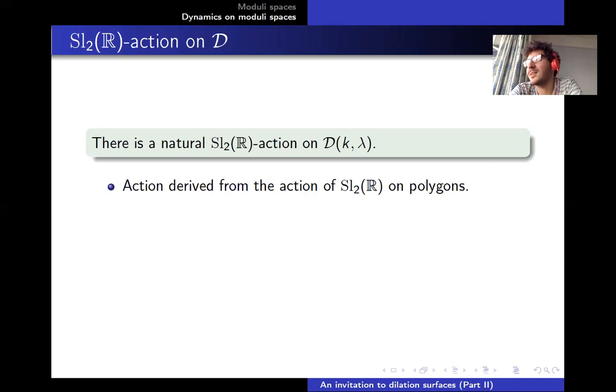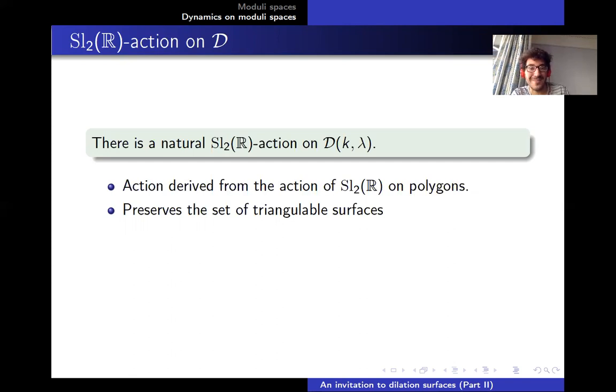So if you take two parallel segments, the images of those two parallel segments by any element of SL2R are going to be parallel. So if I start from a dilation surface and apply an element of SL2R, I get something that I can also glue back to a different dilation surface. So it gets this nice action. And another important feature, if I want to be able to carry on that discussion restricting myself to triangulable surfaces, is that it preserves triangulable surfaces, because it maps a nice triangulation onto a nice triangulation of the image surface.